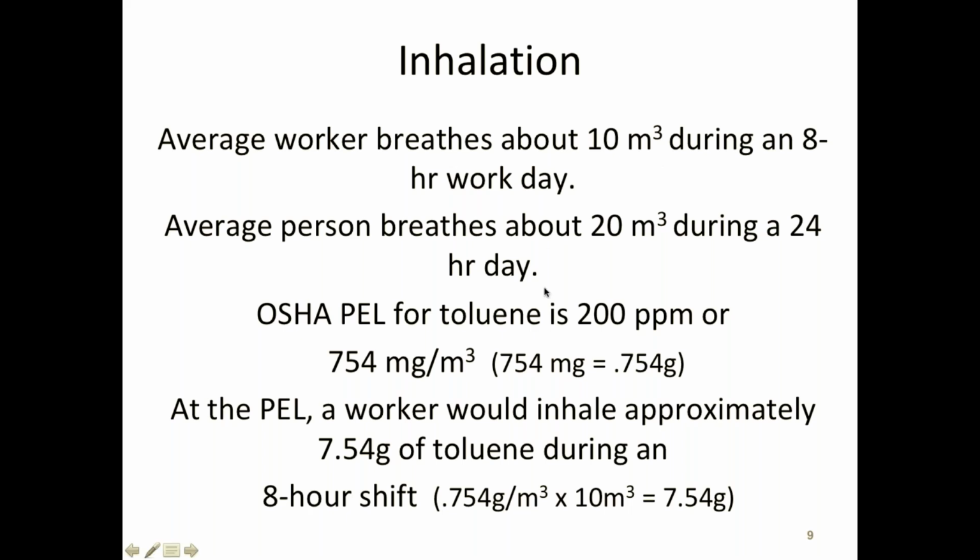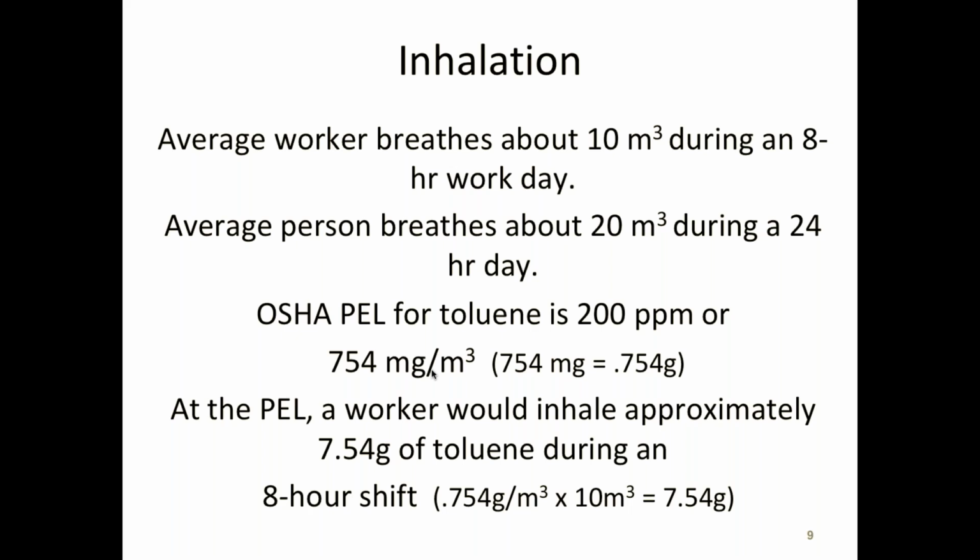200 parts per million, as it happens, is equal to 754 milligrams per cubic meter. That's the weight of that gas in a cubic meter of air. I don't remember off the top of my head what the weight of air is at standard temperature and pressure for 1 cubic meter of air.